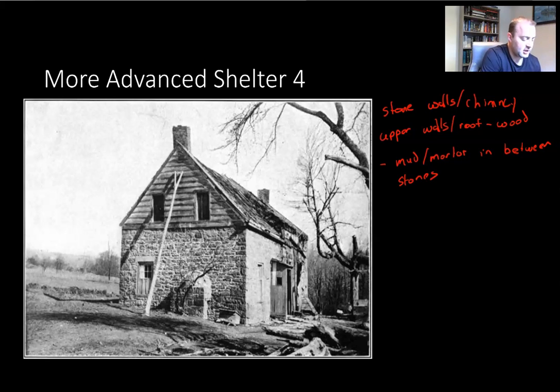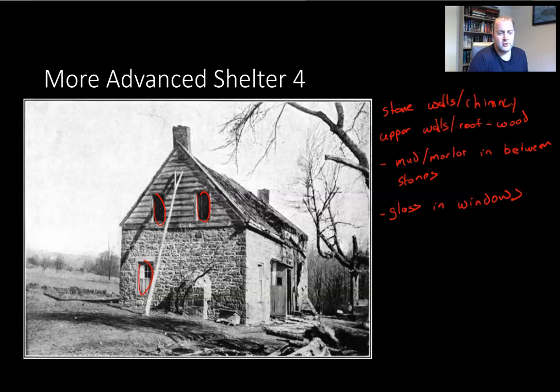Now, another thing, it's a little difficult to tell, but a pretty cool advancement is we've got glass in the windows. So this is another material that's being added. You can have windows before, but you want windows to maybe let some cool air in if it's too hot in the shelter.